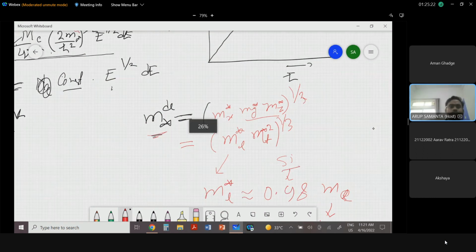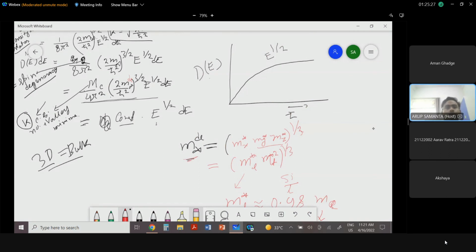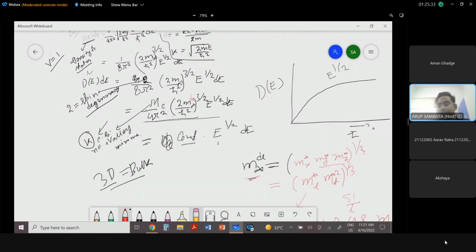So this is the case where we can get the longitudinal mass, or we can get the density of states of the bulk silicon.